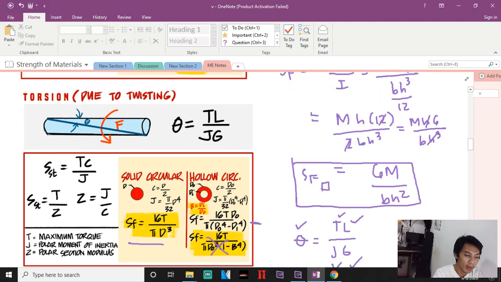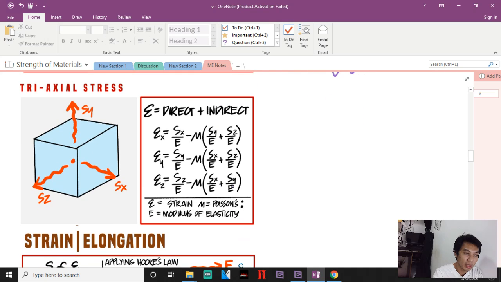Ito tandaan nyo kasi malilito kayo dyan. Hindi naman masyado binibigay sa board, so ito na lang notations tandaan natin.